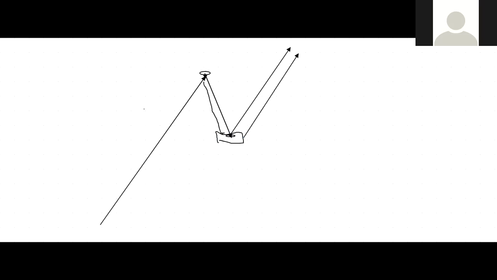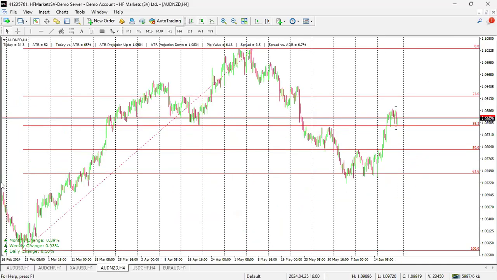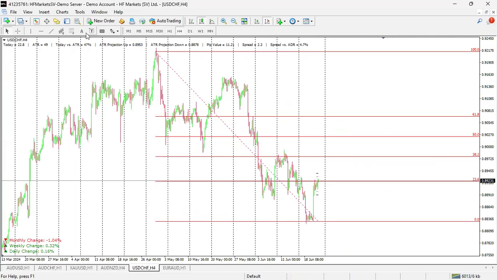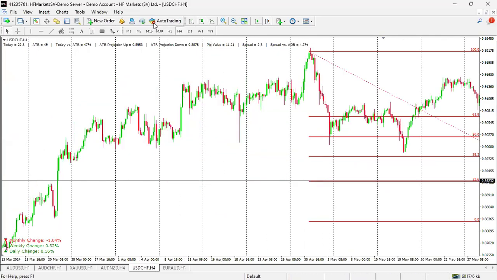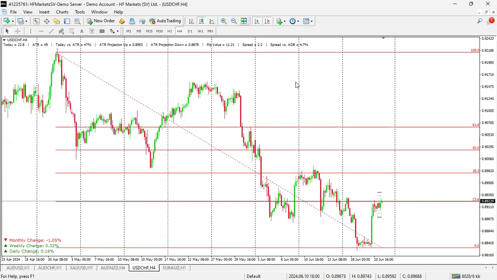So let us quickly go and look at how Fib works on a good chart in the market. Now, take for example, look at a screen like this. Now, let me start with something more clear, like this. Now, number one, Fib is best used when you find a trend.